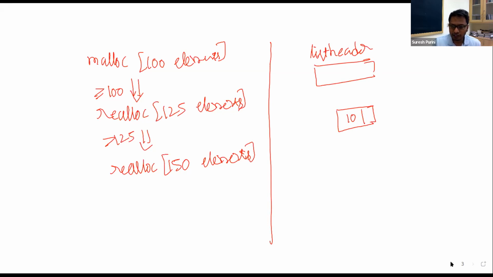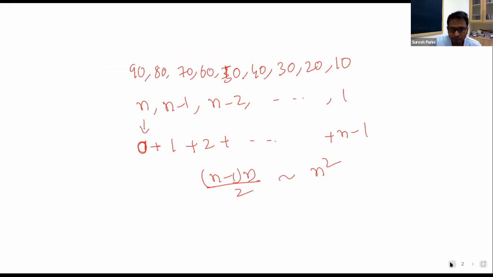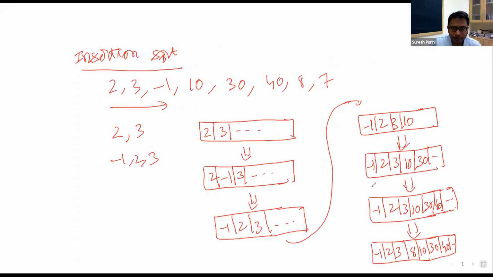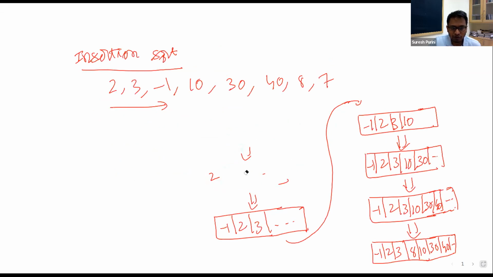Let's go back and look at the original list of elements that we have. Okay, so now let me erase some of this. Initially we worked with arrays. Now we want to solve this problem using linked lists.